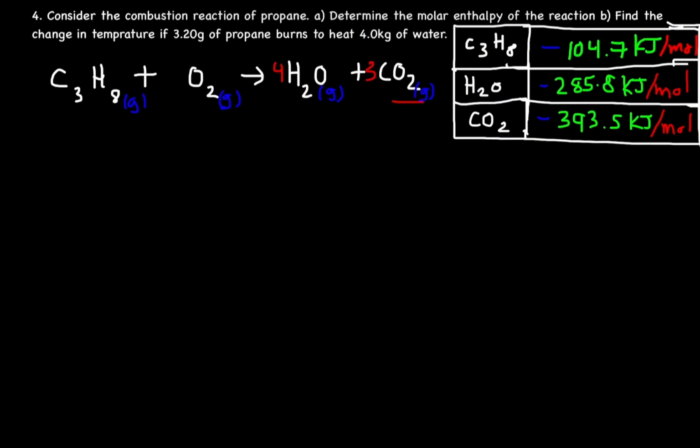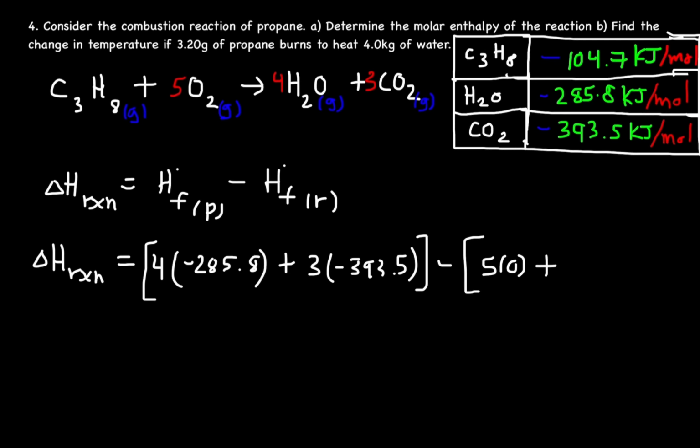So we know oxygen, there's 5 moles of oxygen, and then times 0 because it's in its gas form. So like the standard enthalpies of formation is always 0 for elements at its normal state, times the standard enthalpies of formation of propane, which is negative 104.7.